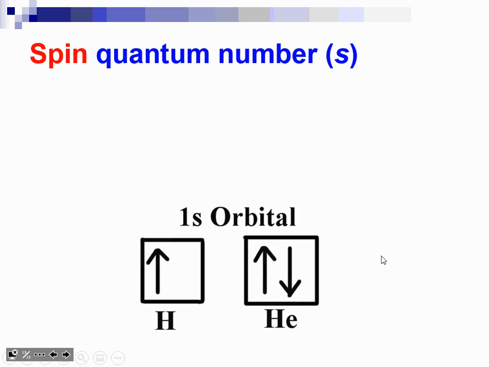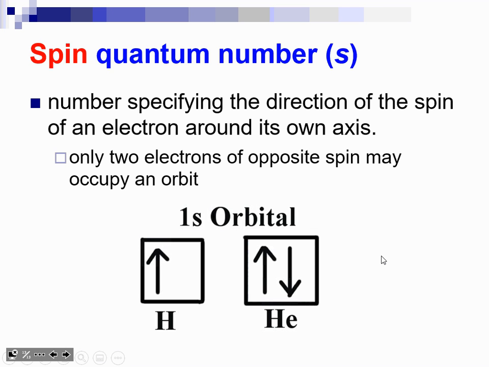My final quantum number is the spin quantum number. The spin quantum number is the number specifying the direction of the spin of the electron around its own axis. We said that each orbital can hold only 2 electrons.